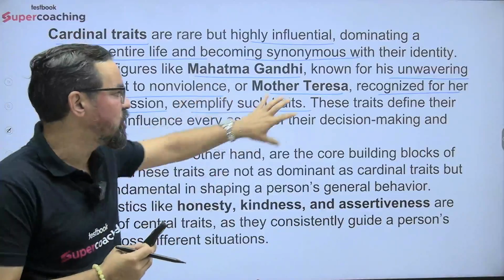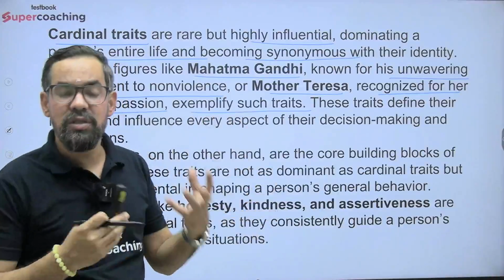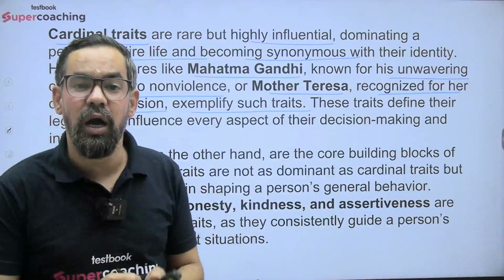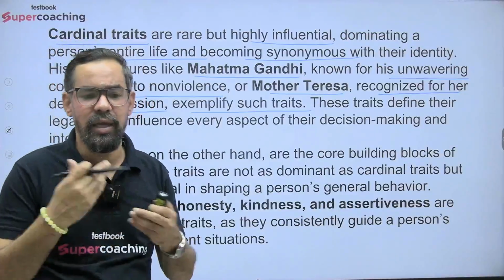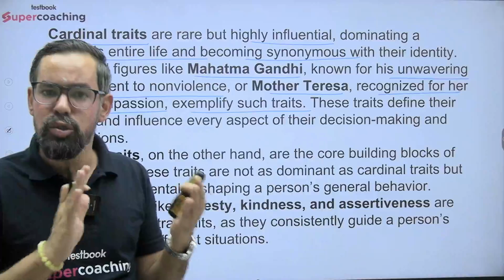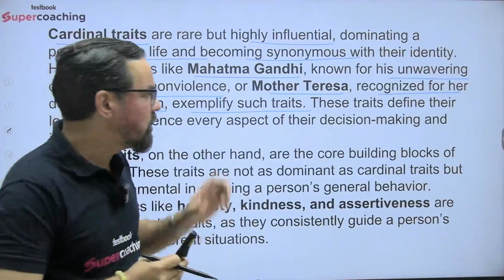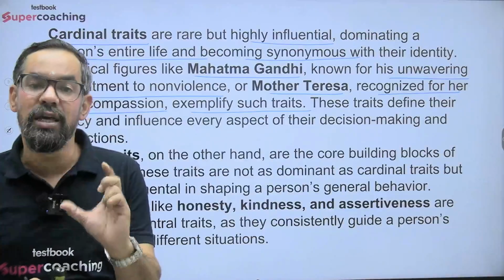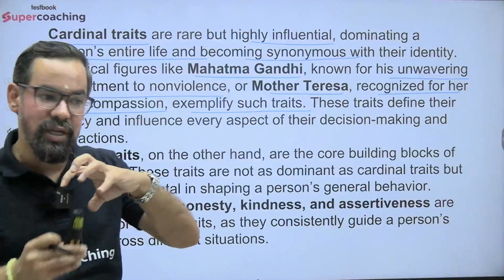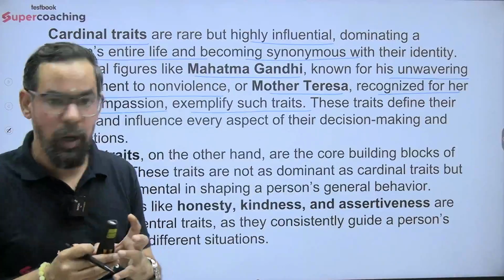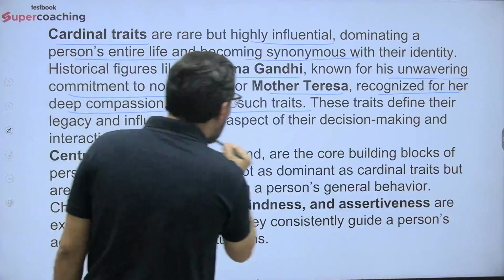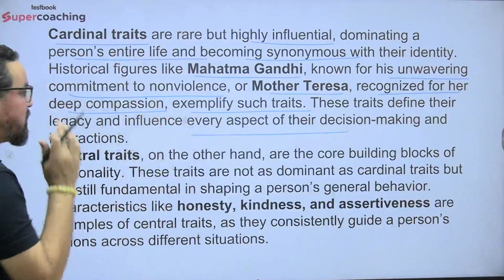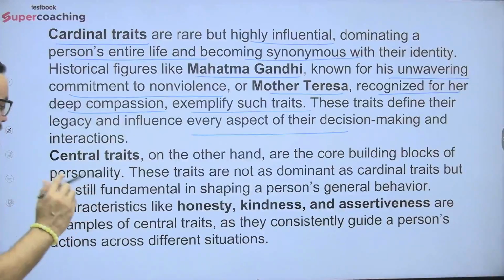If we refer to someone as Mother Teresa, that person is known for a helpful nature and, somewhere, selflessness. So all these things you will see there, okay? So this trait is generally known as the cardinal trait, one trait which explains the whole life of that particular person. These traits define their legacy and influence every aspect of their decision making and interactions.